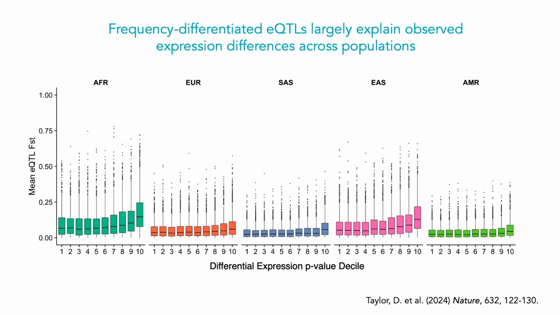And then we can look at the fine mapped eQTLs of those corresponding genes. And what we see is that for genes that exhibit more differential expression, their eQTLs are more frequency differentiated between that continental group and the other continental groups, explaining the mechanism of differential expression.